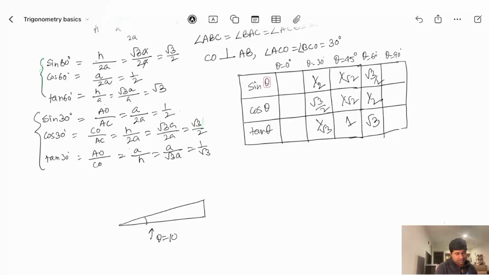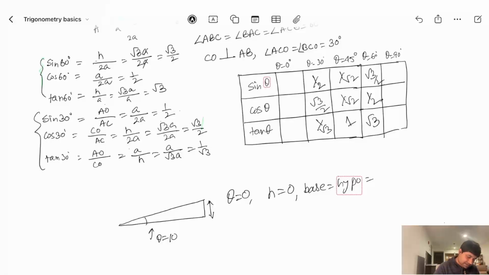So you can clearly see the height is reducing when the angle is reducing, right? Because there is not much height when the angle is very close to 0. So you can think that when theta is 0, your height becomes 0, and your base and hypotenuse are actually the same, right?